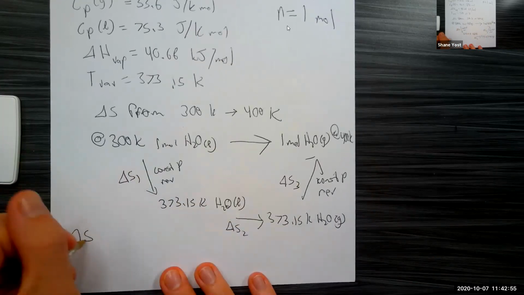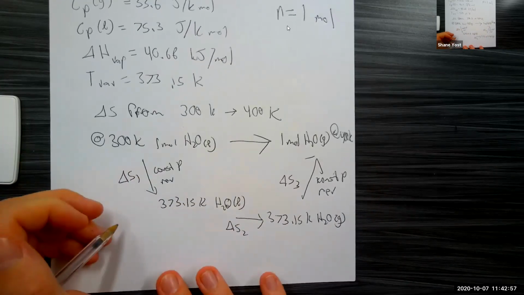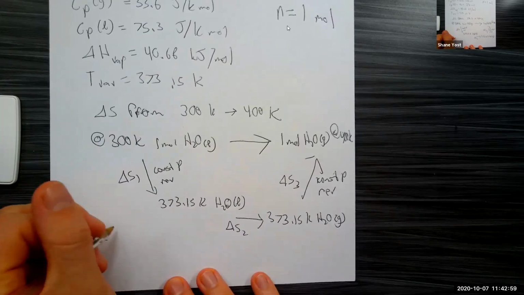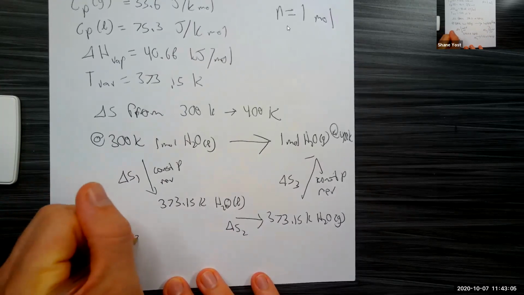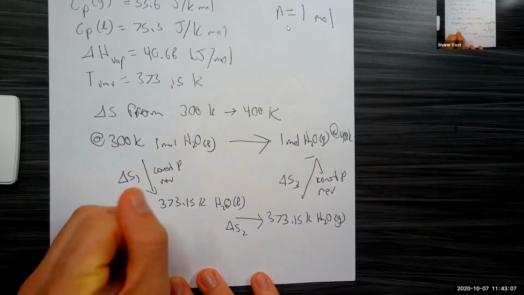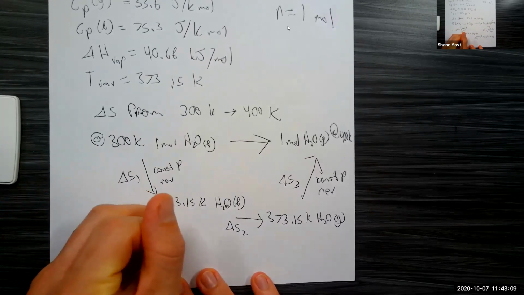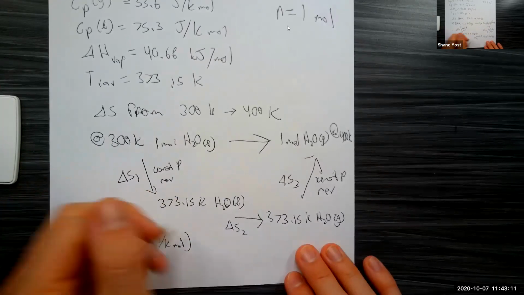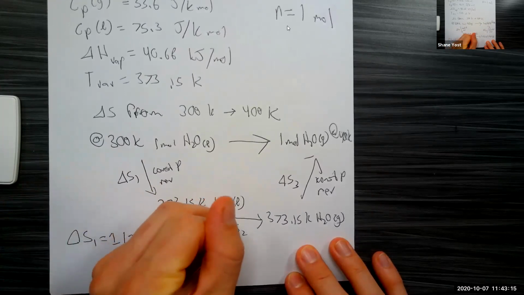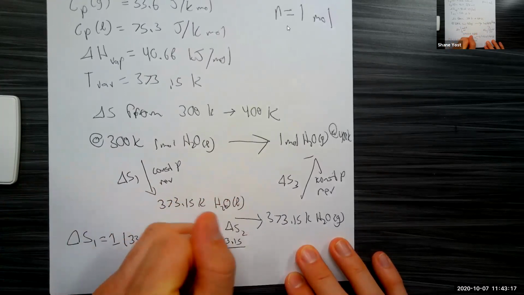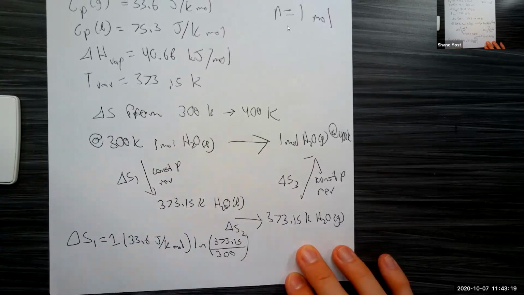Delta S1 is a constant heating of a liquid, so it's 1 mole times its molar heat capacity, 33.6 joules per Kelvin mole, times the natural log of the final temperature, 373.15, divided by the initial temperature, 300.